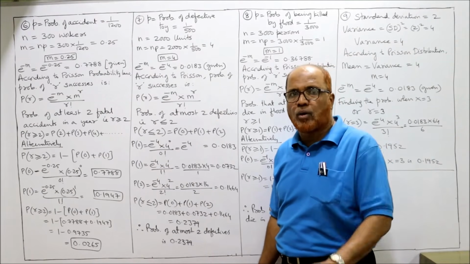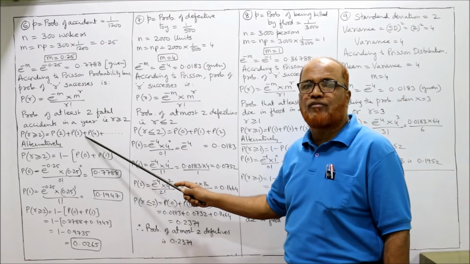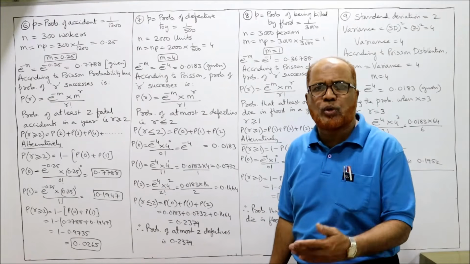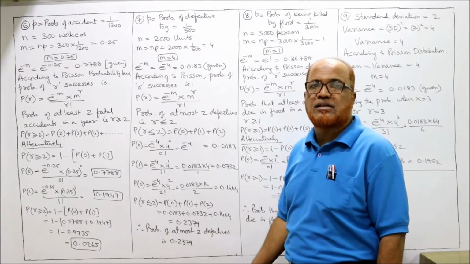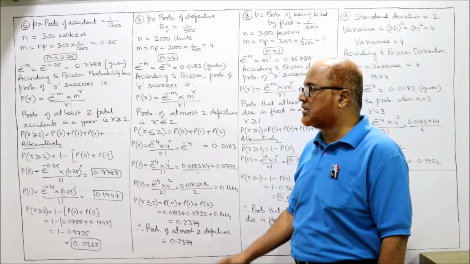That is P of 2 plus P of 3 plus P of 4, P of 5, P of 6, and any number of accidents may take place up to infinity. So we cannot calculate like this. We have to definitely go by an alternative method.